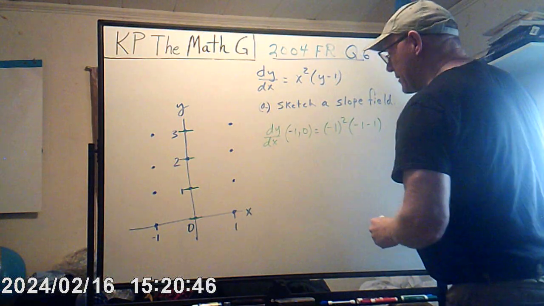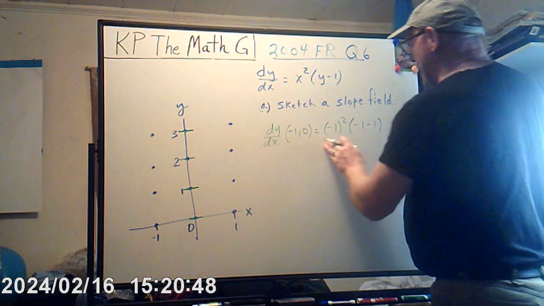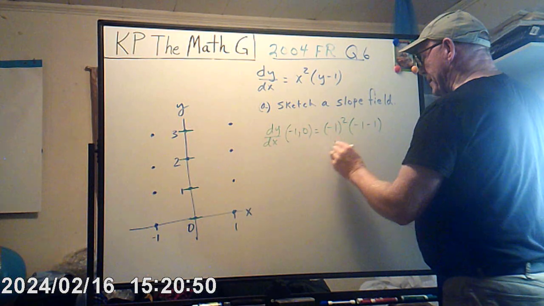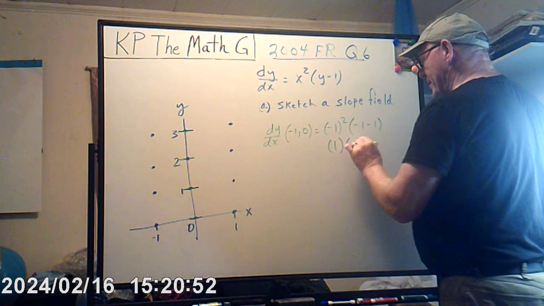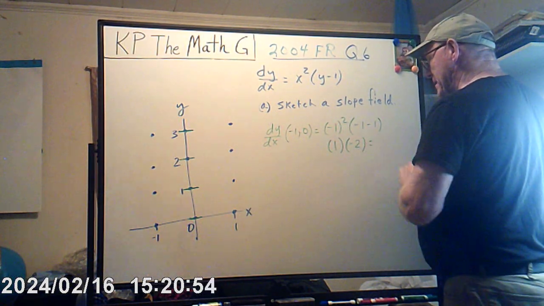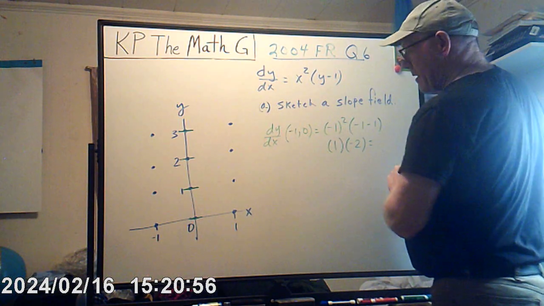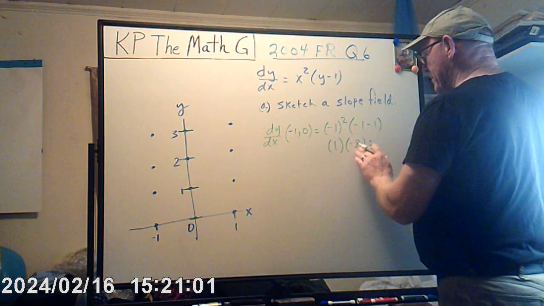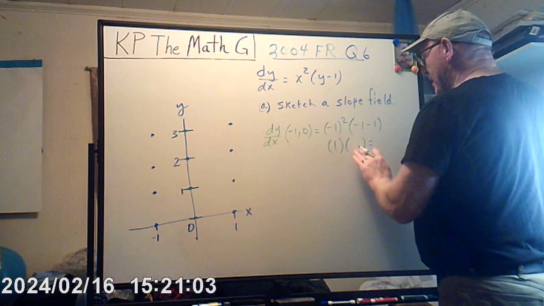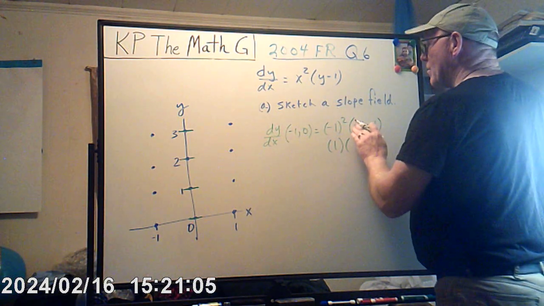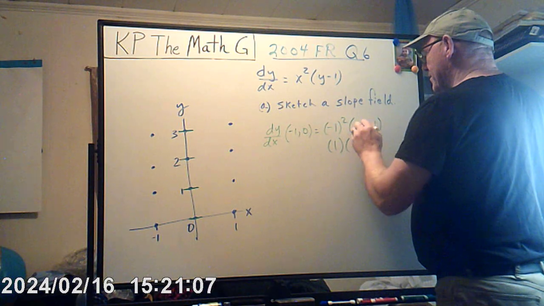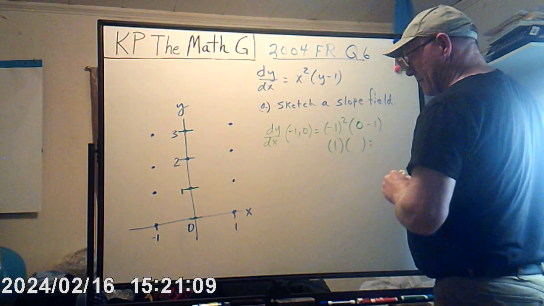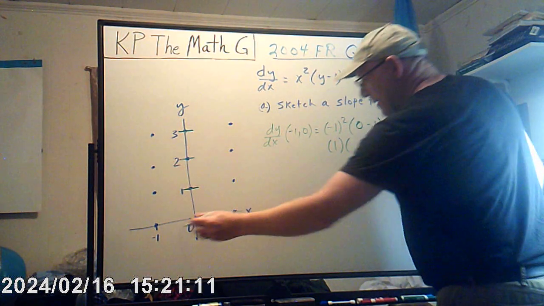So negative 1 squared is 1, and then 1 times negative 2... I did say negative 1 comma 0. I don't know why I plugged in negative 1, negative 1; that'd be down here.